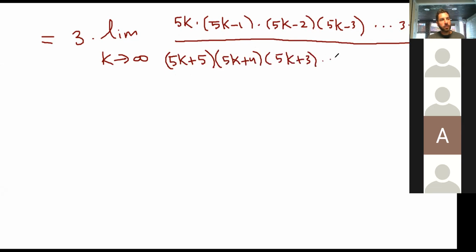And then that goes down to 5k, and then it's 5k minus 1, and that goes all the way down to 3, 2, 1. So let that marinate, because lots of this is going to cancel. Actually, let me fix this because this looks very sloppy. I apologize.